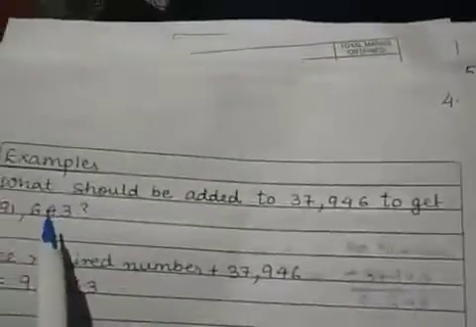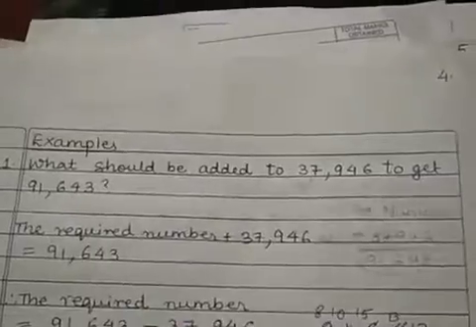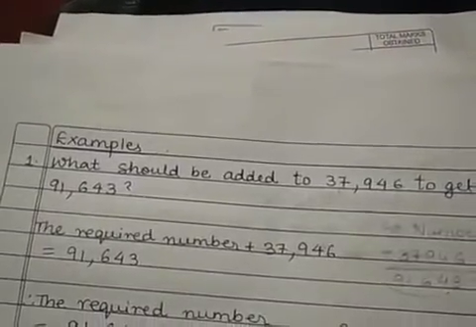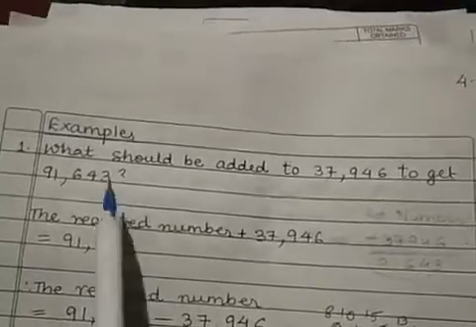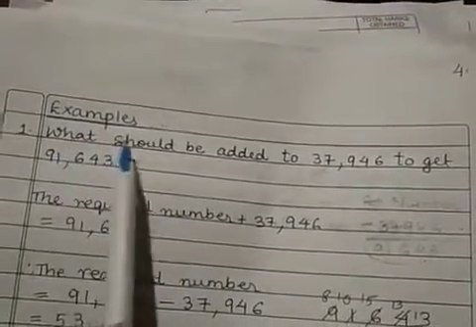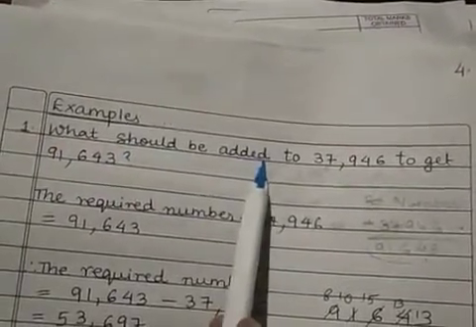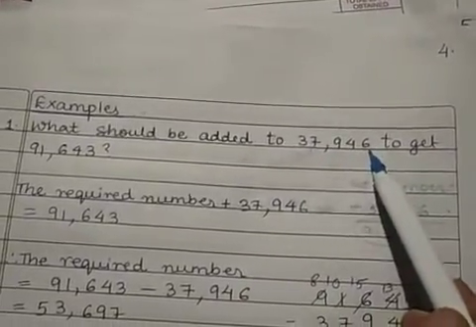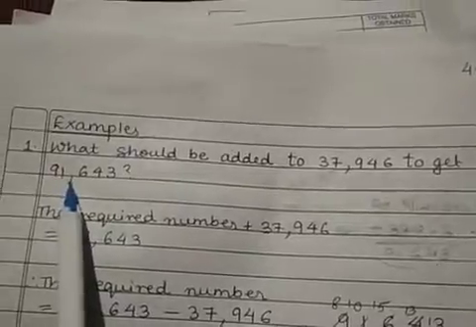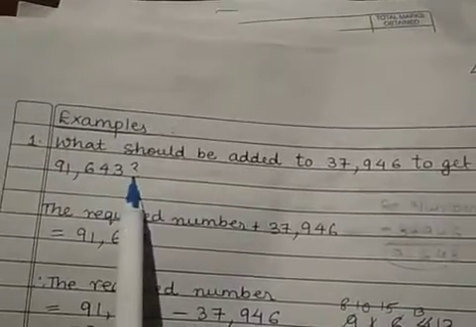Now just like for addition, let us solve some word problems for subtraction. Or before that we'll see one example here. What should be added to 37,946 to get 91,643?